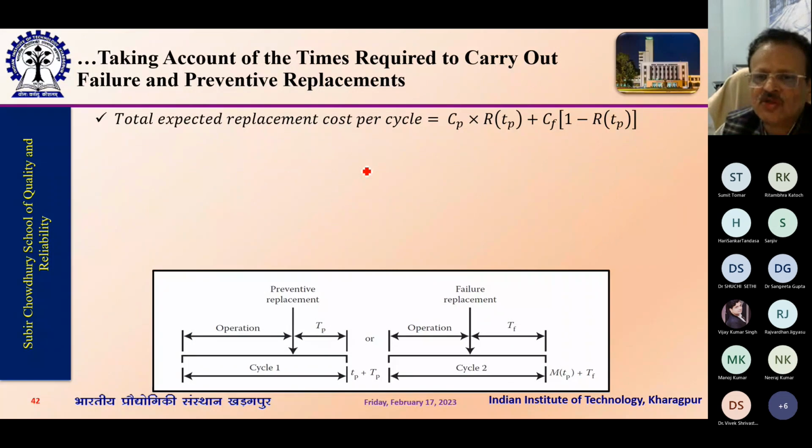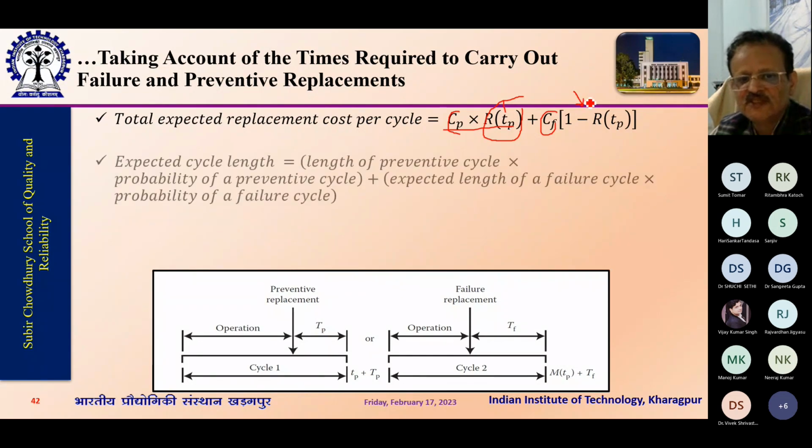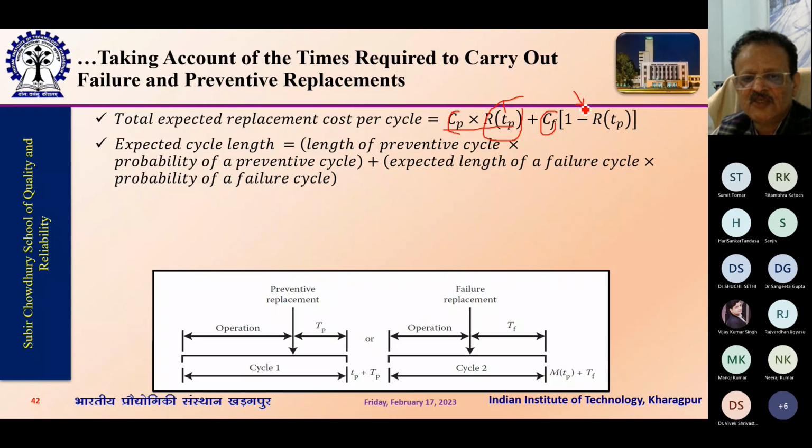So the numerator does not change. The occurrence of this preventive replacement cycle, that is, not failing, has a probability equal to the reliability of this item up to time TP, along with the cost of preventive replacement, the cost of failure replacement and the corresponding occurrence of that cycle. Changes occur on the denominator side, the length of the cycle.